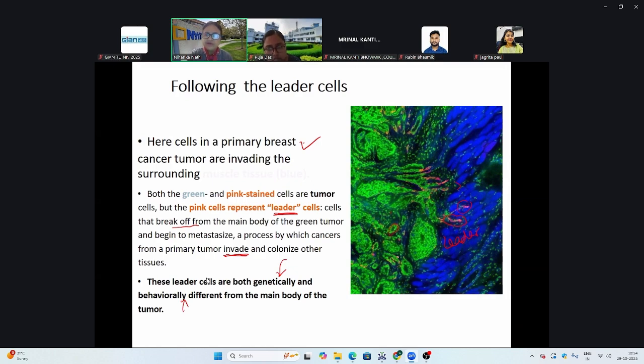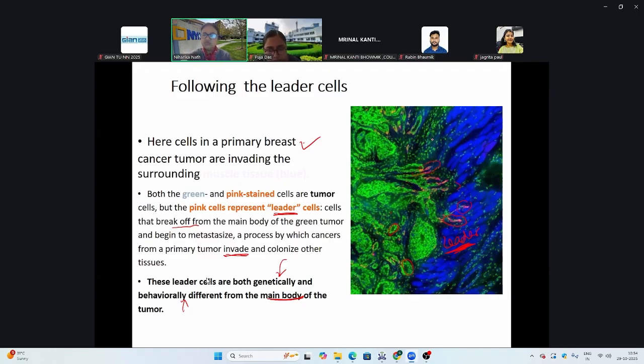Some cancer cells will modify themselves and turn into leader cells, such that they can be slightly different from the main body of the tumor. So now you see that cancer cells are also heterogeneous. They have different properties. Some of them are bigger, and some seem to have completely different morphology.